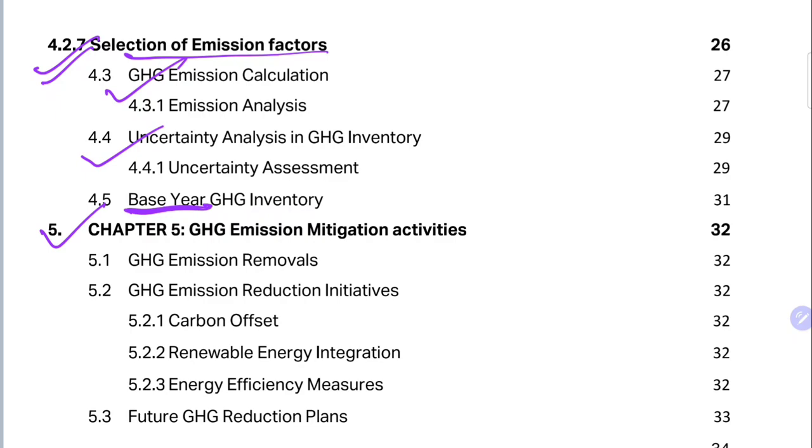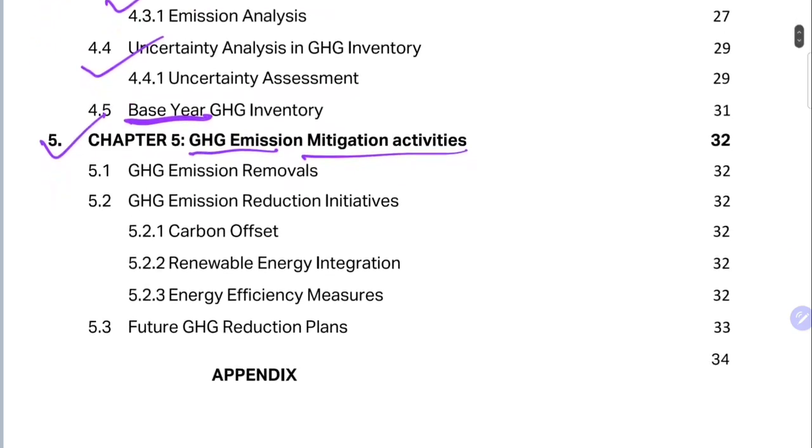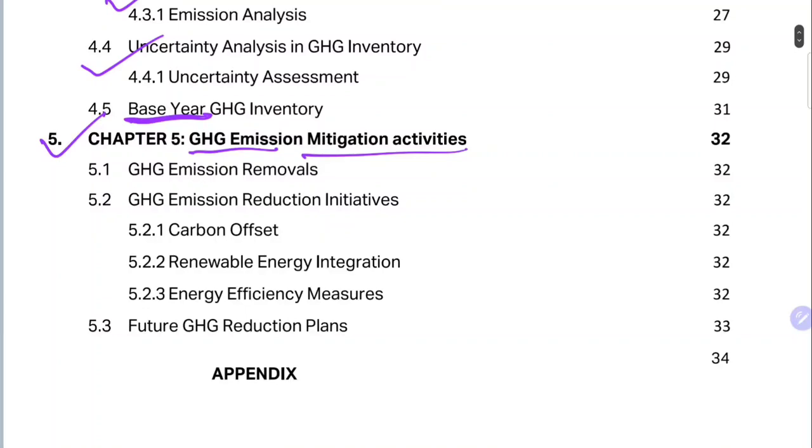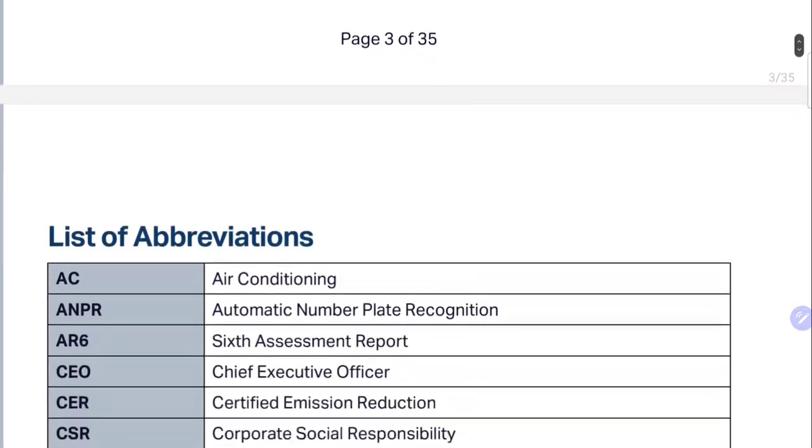Then in chapter 5 we will talk about the GHG emission mitigation activities, and in this we cover certain sections like emission removals, reduction initiatives, which speak about carbon offsetting, renewable energy integration, and energy efficiency measures also, and what the future roadmap or reduction plans are. Then the appendix we will see. So this is the structure of the report itself.